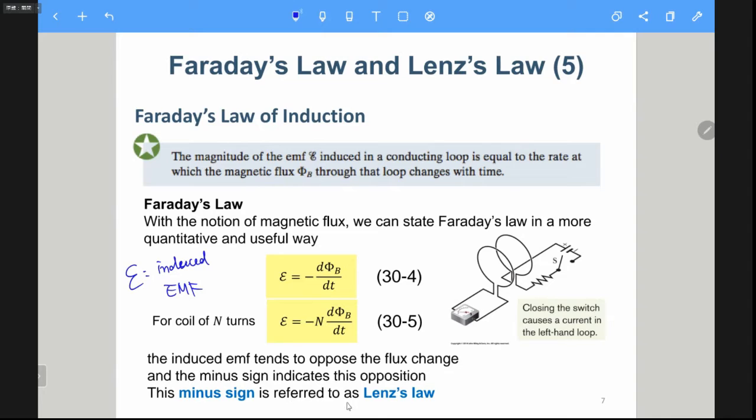This minus sign is referred to as Lenz's law. So you use Lenz's law to determine the direction of the induced EMF or induced current. But this is actually Faraday's law. If there are N turns in the coil, then we multiply it by N. So nothing special here.